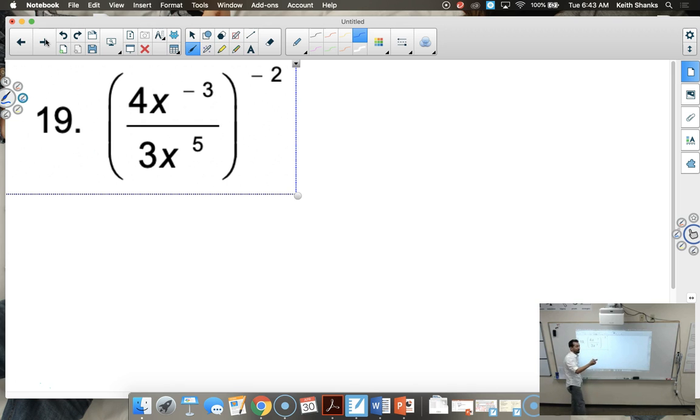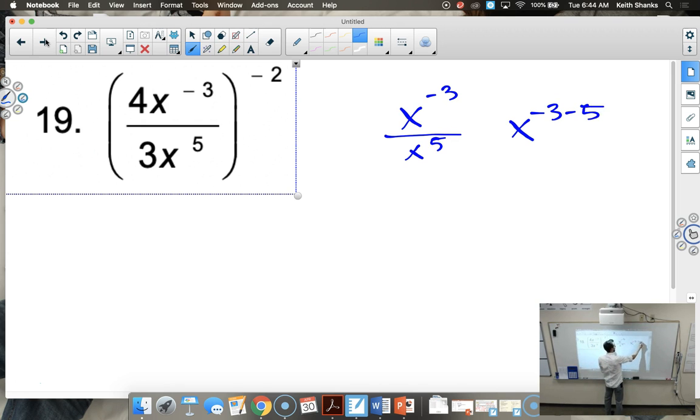So when you divide exponents with the same base, you're basically subtracting. So this is x to the negative 3 minus 5, which is x to the negative 8.